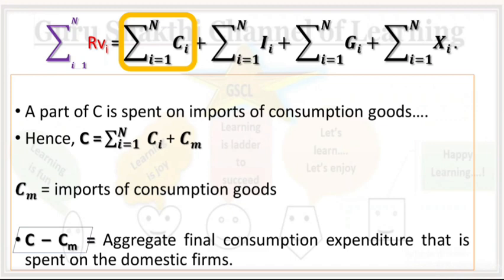Thus, C minus CM stands for whatever consumption expenditure has been done by the households on the domestic firms.